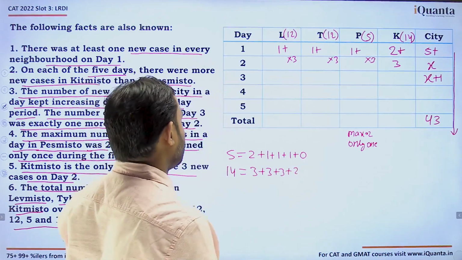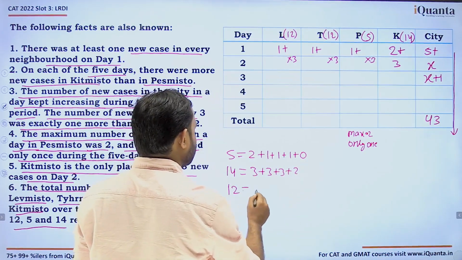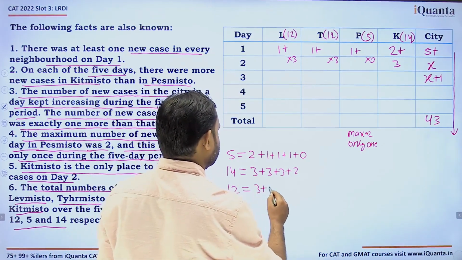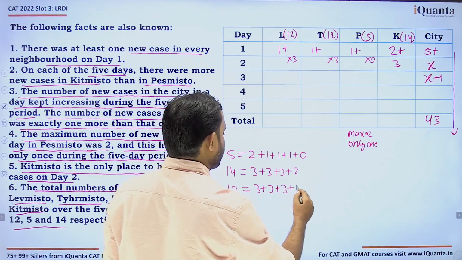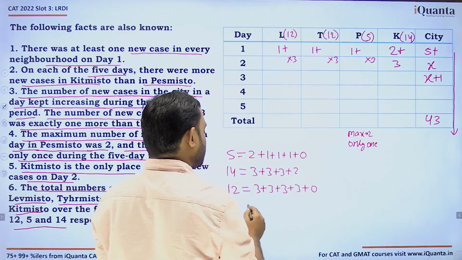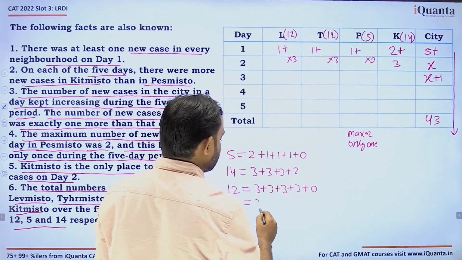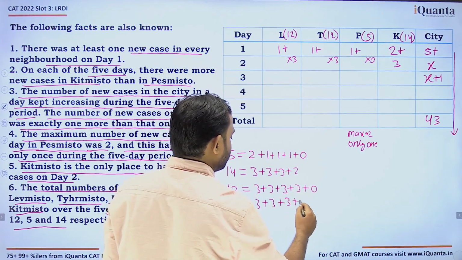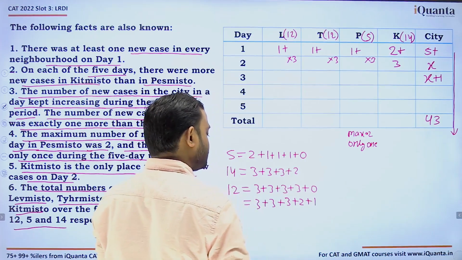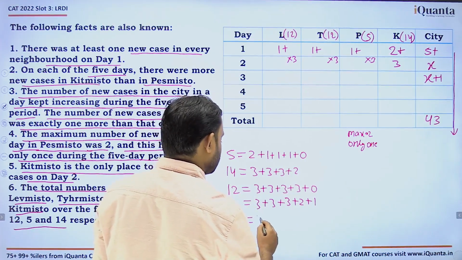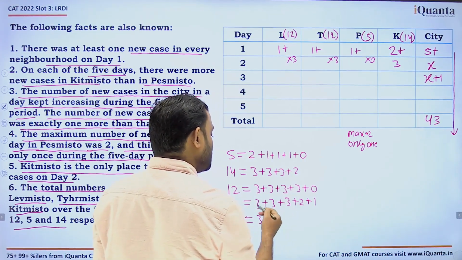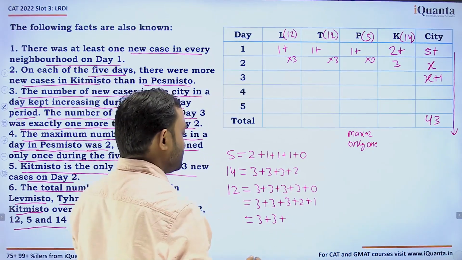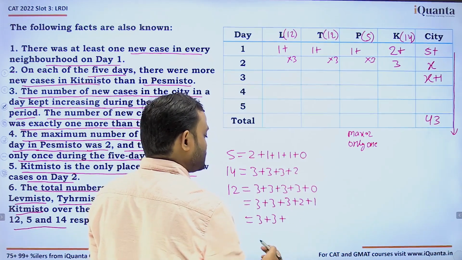And for 12, how do we achieve 12, where maximum is 3 and minimum is 0? It's possible that 4 days have 3 and 1 day has 0 cases, or it's also possible that 3 plus 3 plus 3 plus 2 plus 1, or it's also possible if there are 2 days where we have 3 and 3, then the remaining add up to 6.